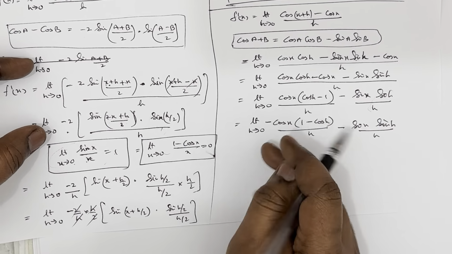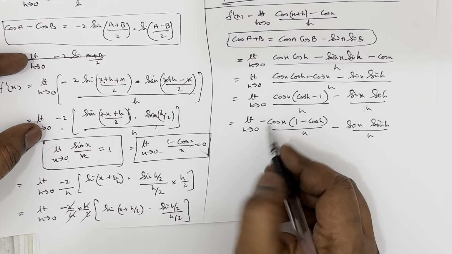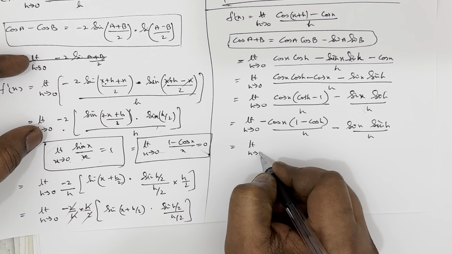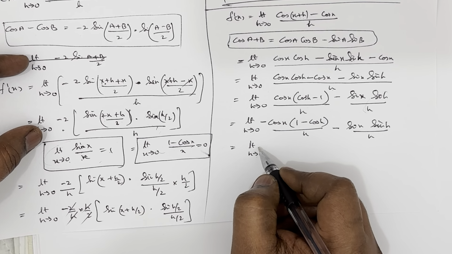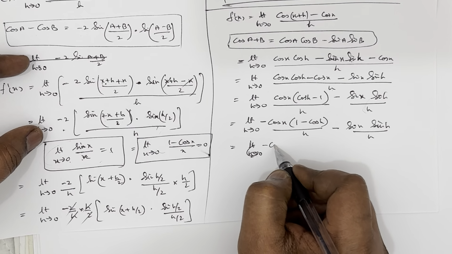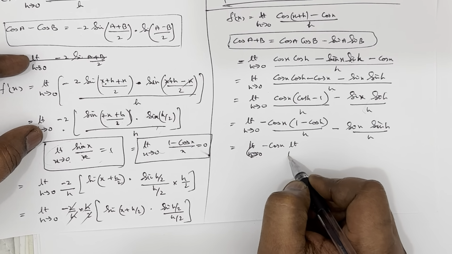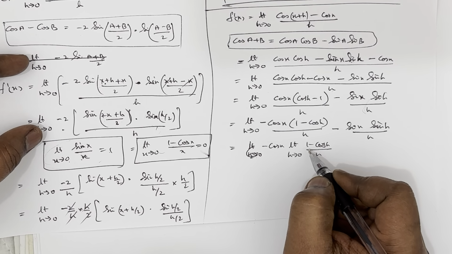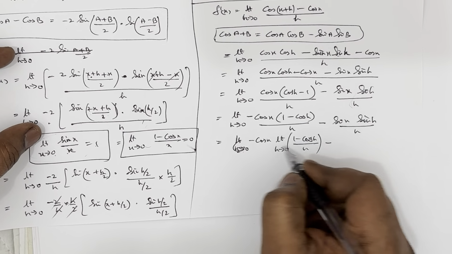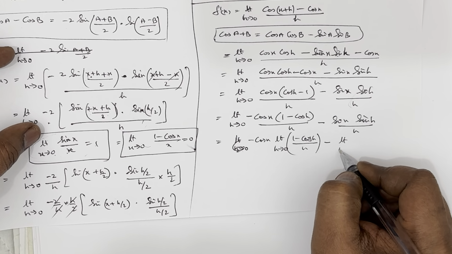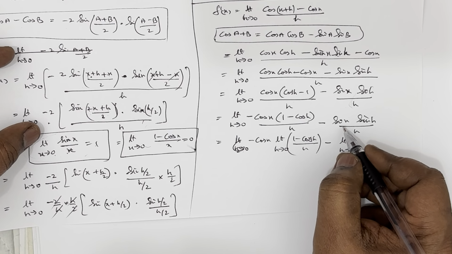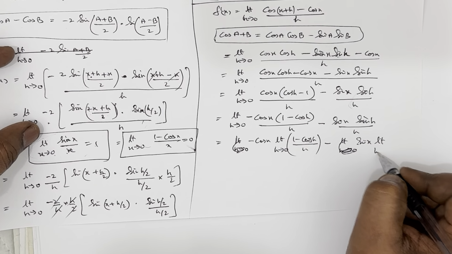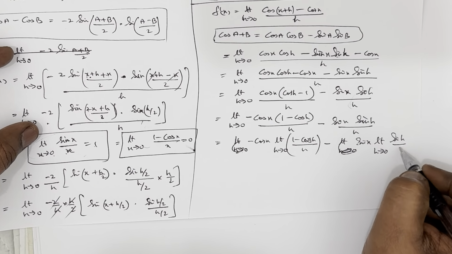Now let's split the limit to both these functions. Minus cos x can be brought out, so it becomes limit h tends to 0 of 1 minus cos h upon h. This is one function, minus again limit h tends to 0, let the sin x also be out, sin x times limit h tends to 0 sin h upon h.